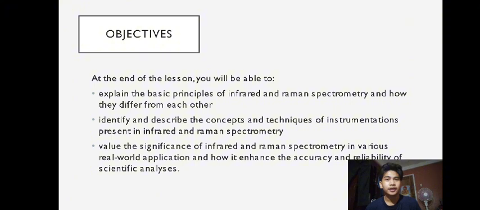Then, identify and describe the concepts and techniques of instrumentations present in infrared and Raman spectrometry. Lastly, value the significance of infrared and Raman spectrometry in various real-world applications and how it enhances the accuracy and reliability of scientific analysis.